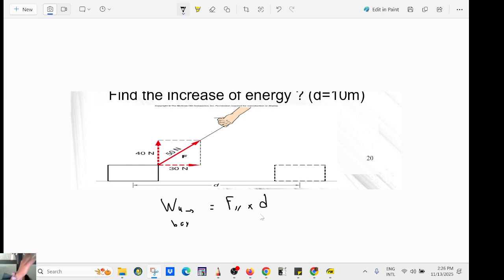Because if you go zigzag, you have to find the whole distance. So that will be 30 times 10. So that will be, yes, 300 joules, right?